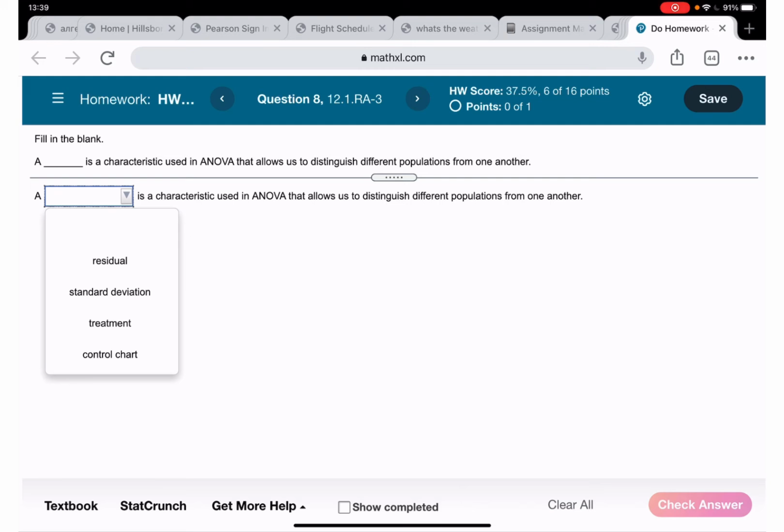Okay, it's a treatment. That's a characteristic used in ANOVA to distinguish different populations from one another. Okay.